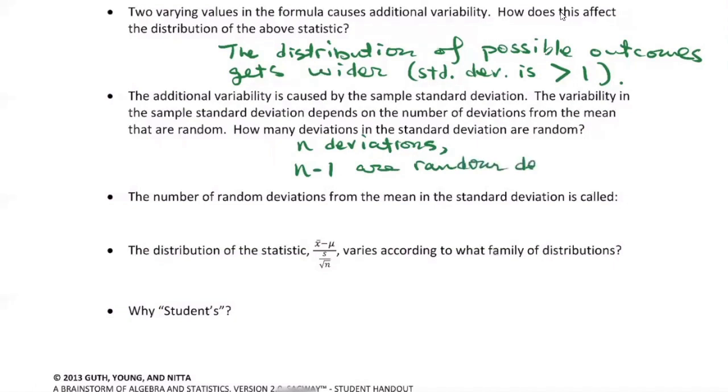Those are the degrees of freedom. Now let me put that down below. So n minus 1 is the degrees of freedom, which we usually just say df.